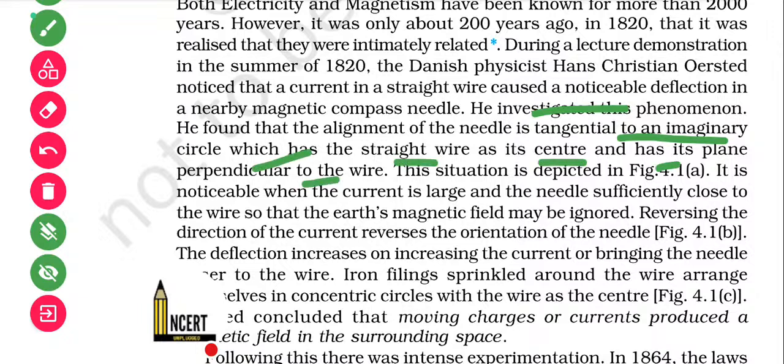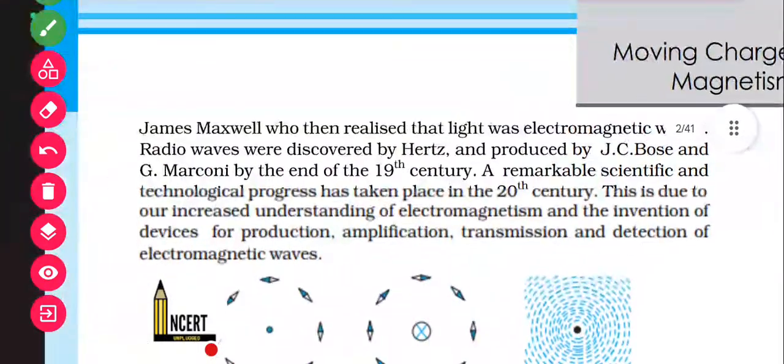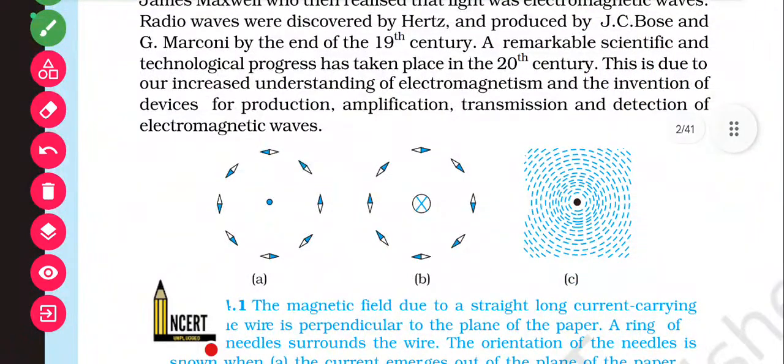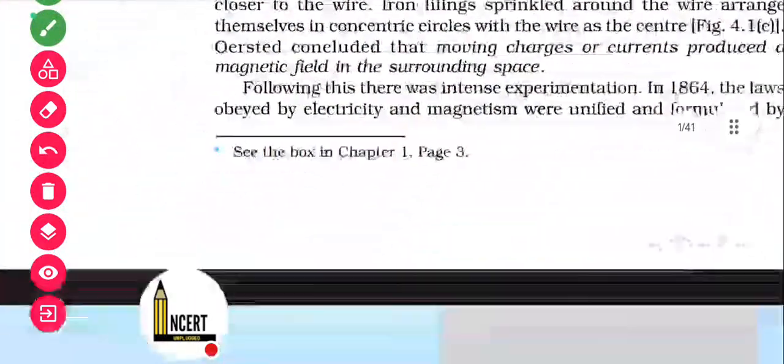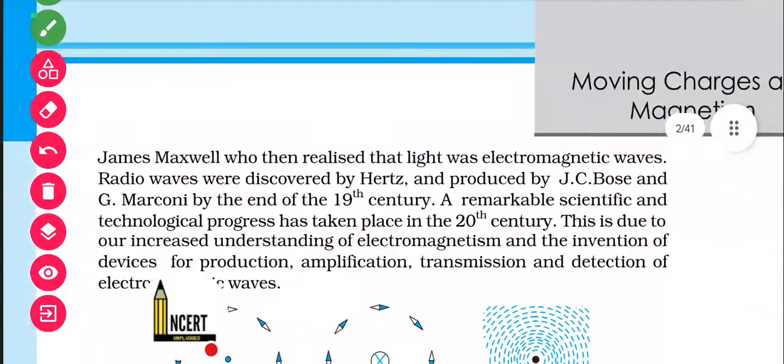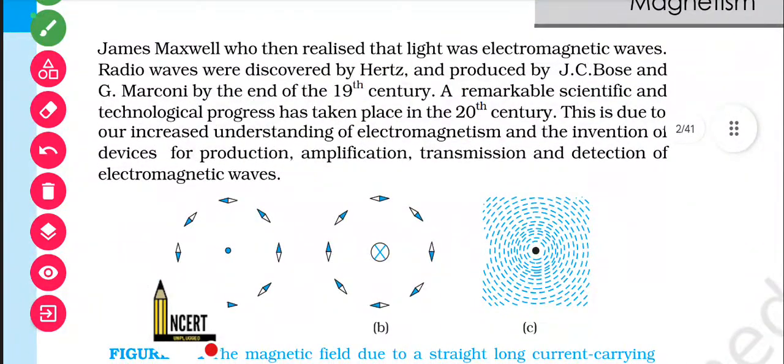This situation is depicted in the figure; you can see how the magnetic field is there. The magnetic compass was showing deflection like this. We'll understand the direction in later paragraphs.